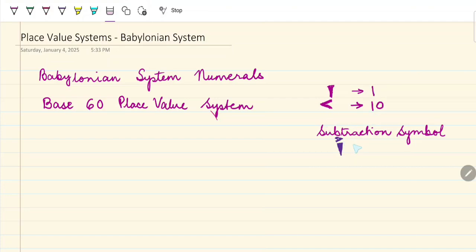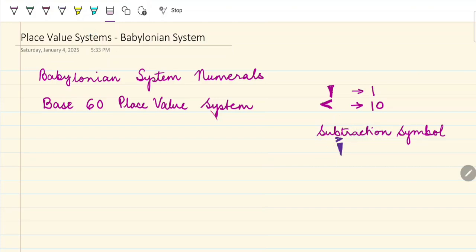Now, the Babylonians also used subtraction in configuring different numbers, and they also had a specific symbol to indicate subtraction, and that was again a conically shaped straight line with a small right pointing arrow above it. Now, we also learned that the Romans would also support subtraction, but they didn't have a specific symbol to represent that operation.